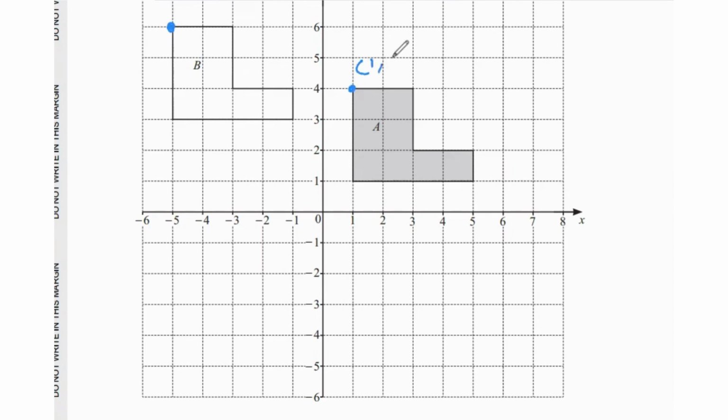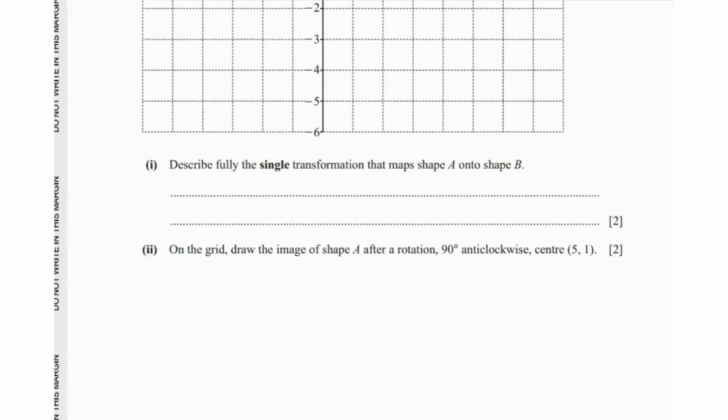Now this is 1, 4, and this over here is -5 and 6, which means to go from 1 to -5, we're subtracting 6, and to go from 4 to 6, we're adding 2. So that shows that we're facing a translation by vector -6, 2.